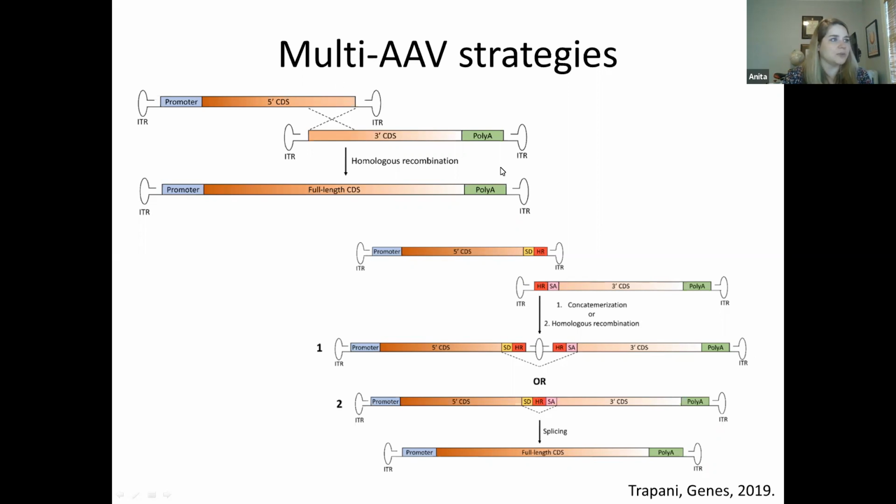So you can put two separate sequences into two separate AAVs and get them to either concatemerize or homologously recombine using different tricks. This one is just showing two, but I think they've shown in the retina they can get up to 3 AAVs to associate. So much bigger strands of DNA, so bigger payloads.